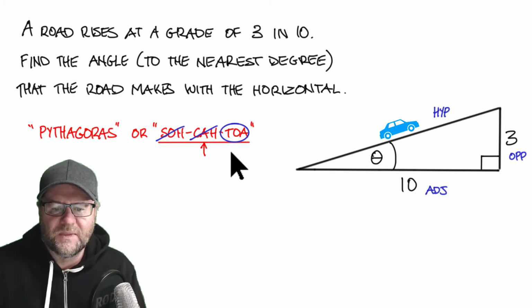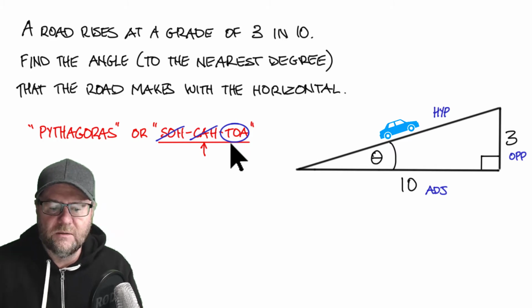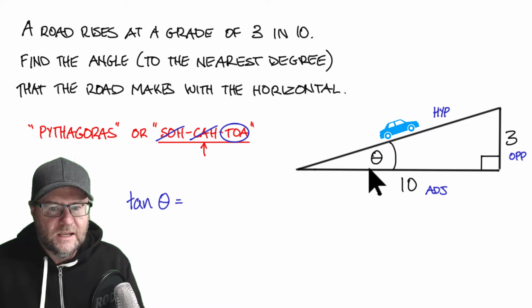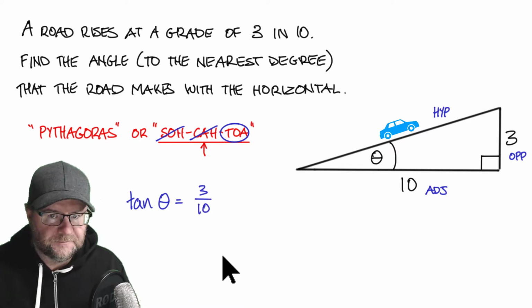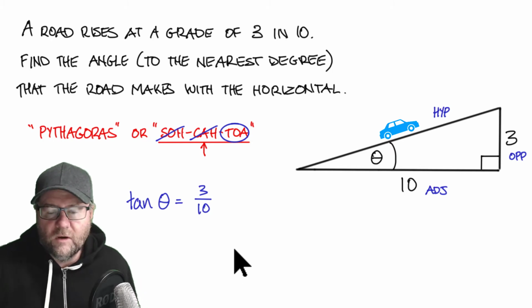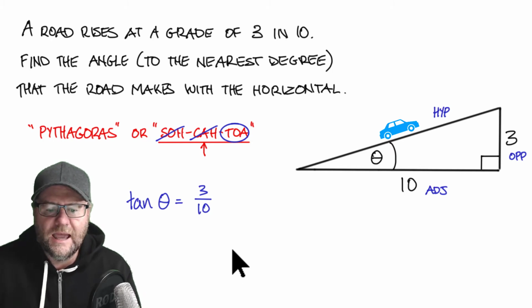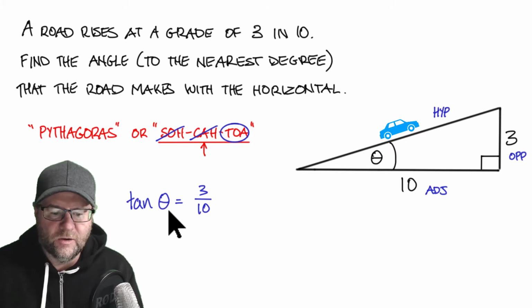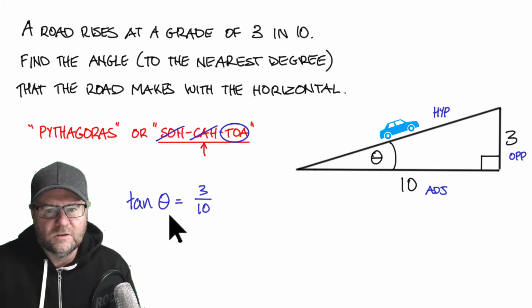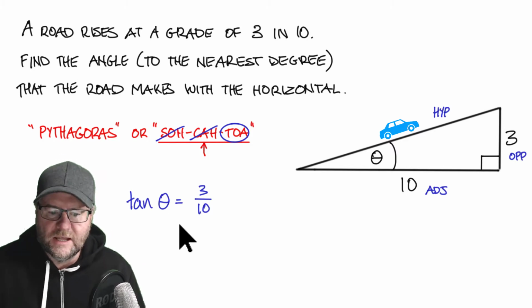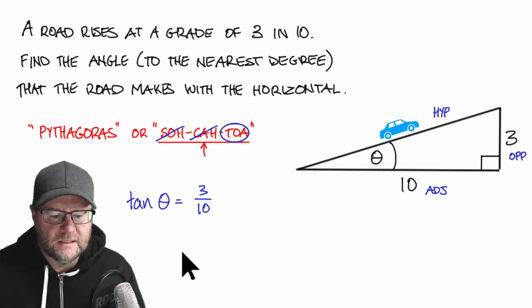All right, let's do this. It's going to be a tan question. So I'm going to write out tan of the angle equals opposite over adjacent. So 3 over 10. Now, we've got to this point before with other questions. However, this time I need to get the angle on its own. I've got tan of the angle, but I want to know the actual angle. So I'm going to show you just what's actually happening, and then I'm going to give you one little shortcut in a moment.